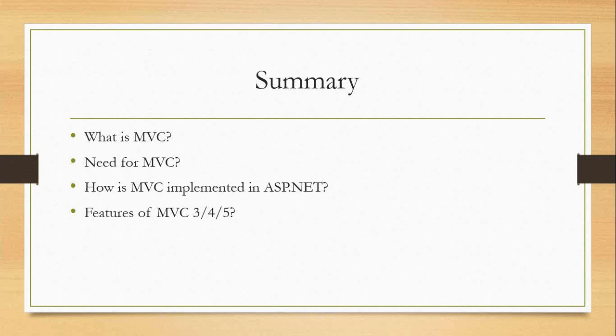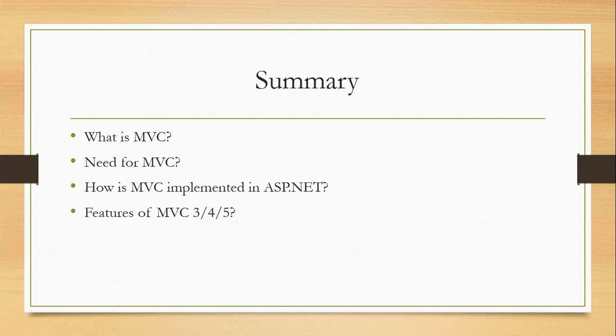I have made a mention of certain unique features that have been introduced with different releases of MVC. In MVC 3, we were introduced to the Razor view engine. In 4, we had mobile templates and open authentication, wherein you could authenticate users based on Facebook or Gmail ID.